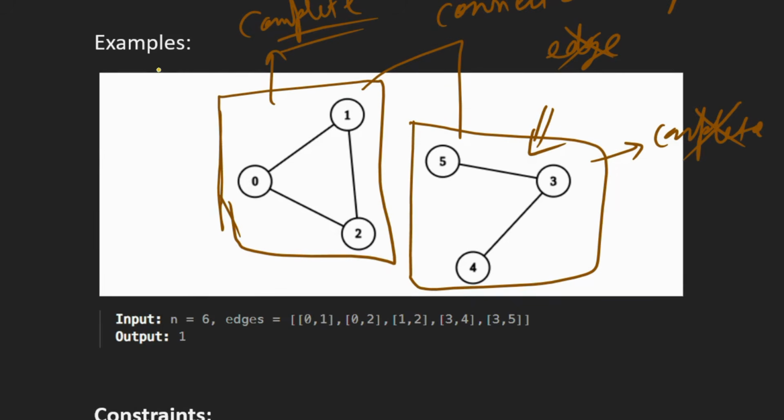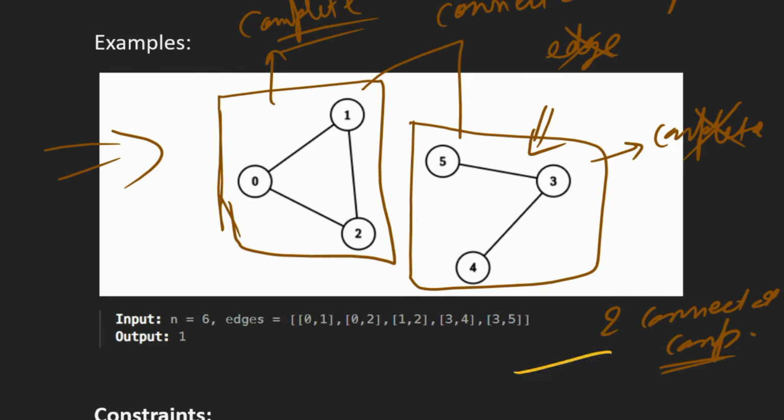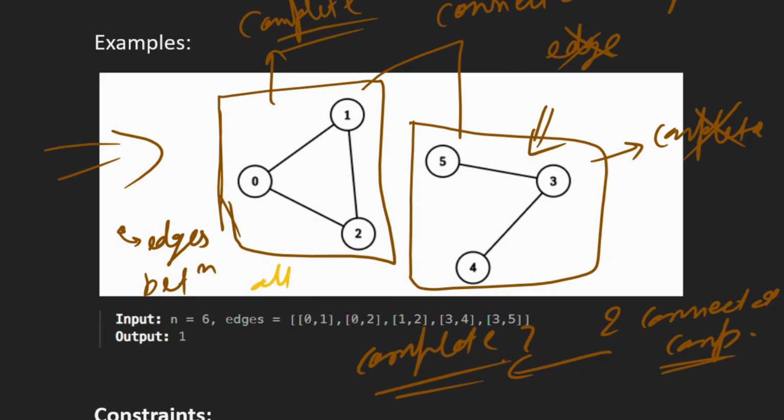Here we are given this graph, which has two connected components. Now out of those two connected components, how many are complete? That we have to check. A complete connected component is a component that has edges between all the pairs.